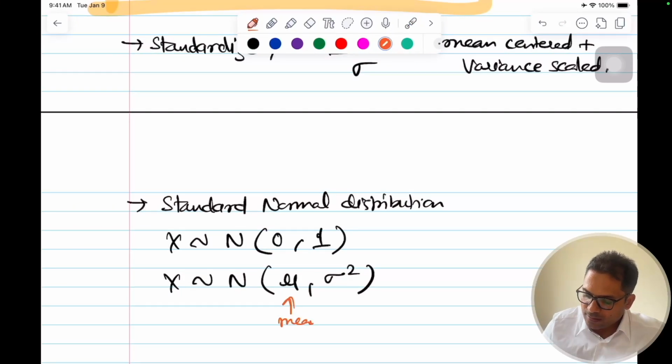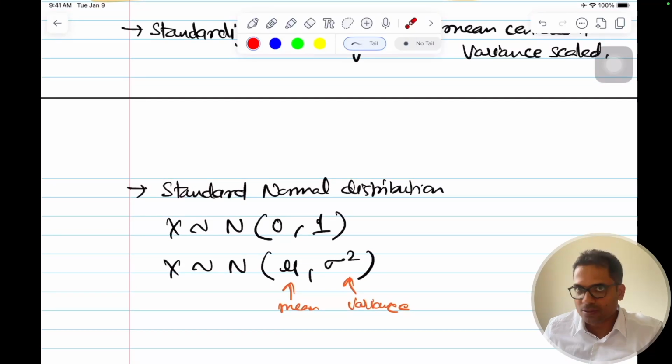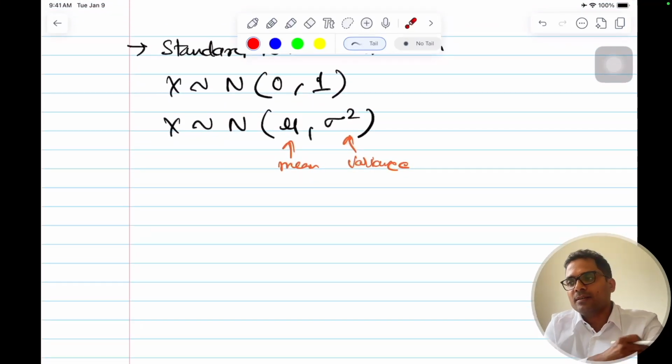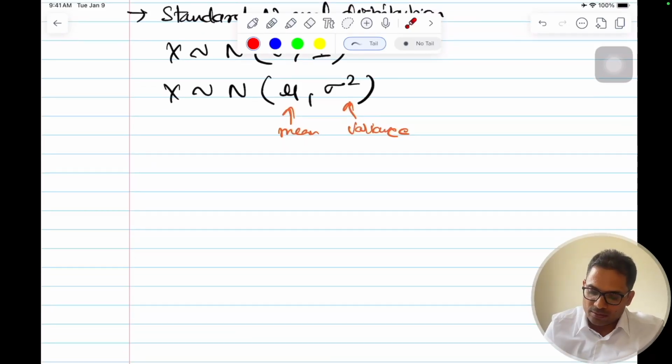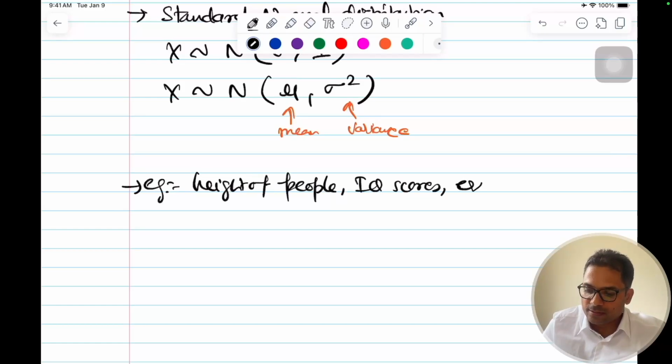If we know the mean and the variance, that information is sufficient, and then we get a lot of beautiful information about Gaussian, most studied and everything. Many times in machine learning, you will see that most of the things are modeled around it. For example, height of people is Gaussian, their IQ scores are Gaussian, errors in scientific experiments are Gaussian.